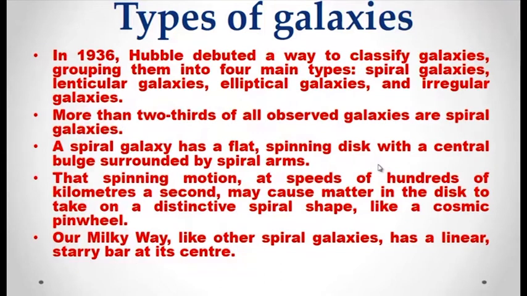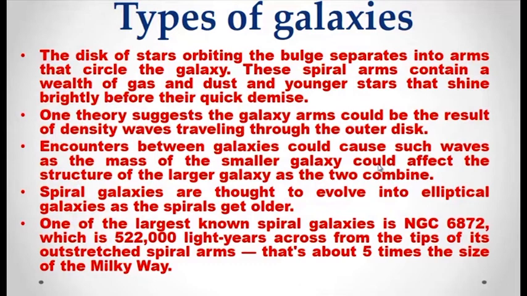So out of the four types of galaxies classified by Hubble, the spiral galaxies change into elliptical galaxies as they get older. One of the largest known spiral galaxies is NGC 6872, which is 522,000 light years across from the tips of its outstretched spiral arms.